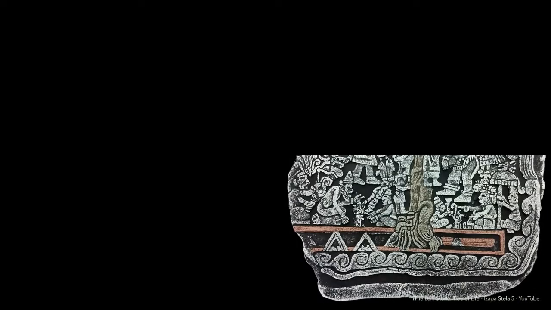It begins with many branches of the tree above, and it represents the 13 heavens that we aspire to. Below, the root system represents what they called the 9 levels of the underworld. 9 hells is what the Western tradition would call them. And the area in between is Earth.